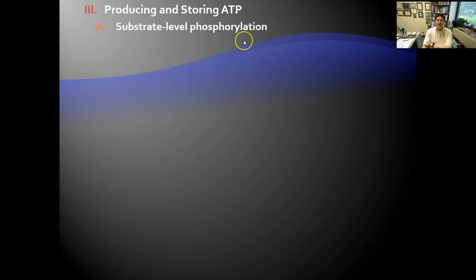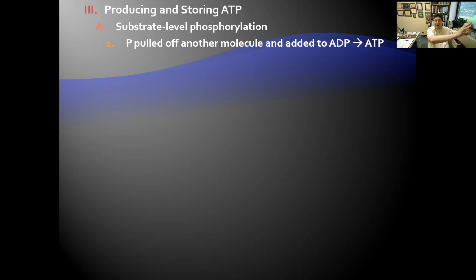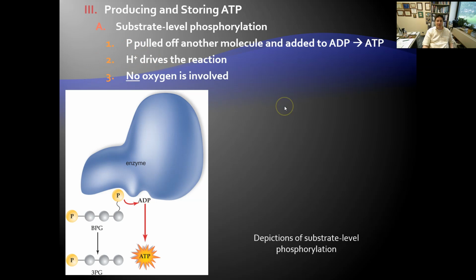Now I know that's a mouthful, but all we're doing here is pulling a phosphorus off of another molecule and then using an enzyme to add it to ADP. So I'm going to go up to some other molecule that has a phosphorus. We're going to steal that phosphorus from it with an enzyme, bond that to ADP, and it gives me ATP. You need hydrogen to power that reaction, but you do not need oxygen.